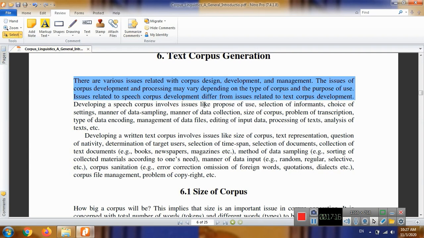Developing a speech corpus involves issues like purpose of use, selection of informants, choice of setting, manner of data sampling, manner of data collection, size of corpus, problem of transcription, type of data encoding, management of data files, editing of input data, processing of text, and analysis of text.